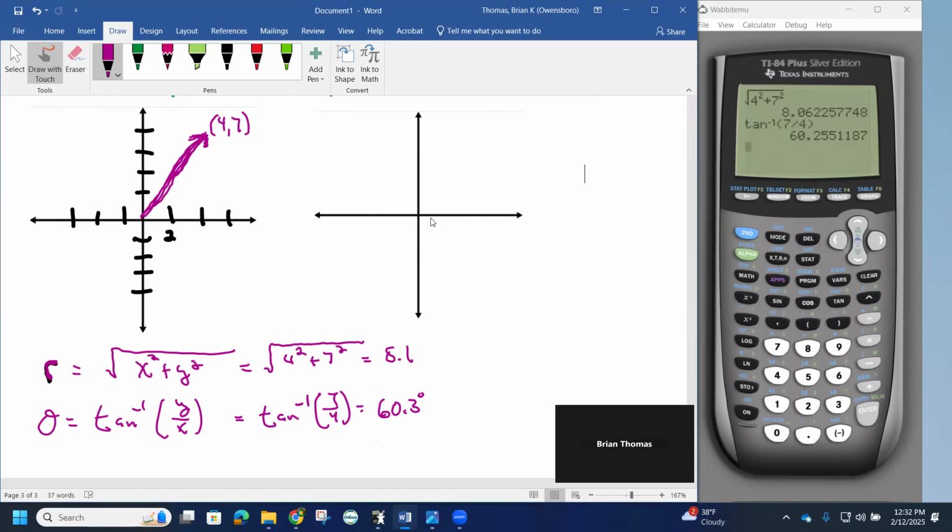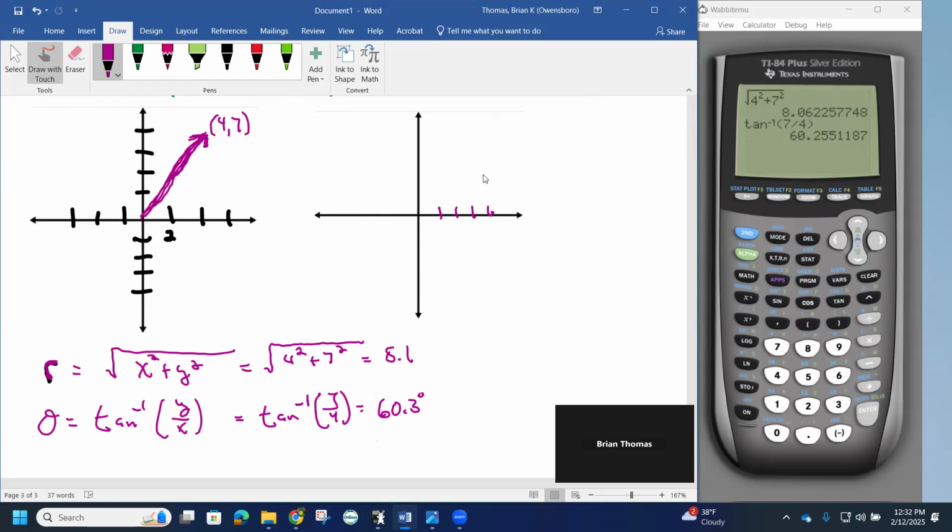So in polar coordinates, what you can do is rotate 60.3 degrees, but you also have to have a length of 8.1. If I have this 8.1 here, so 2, 4, 6, 8.1 would be about here.